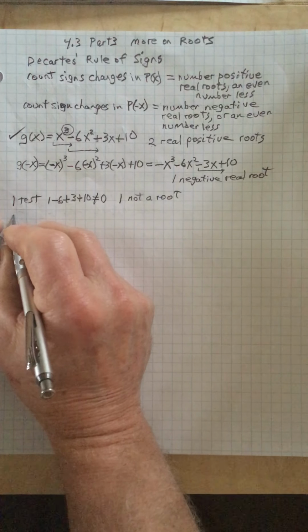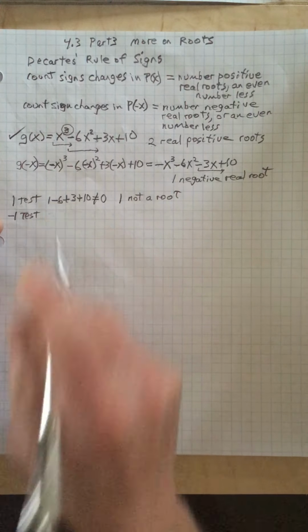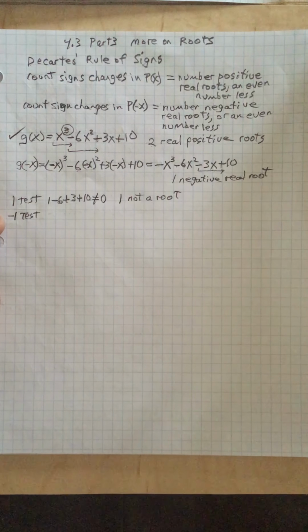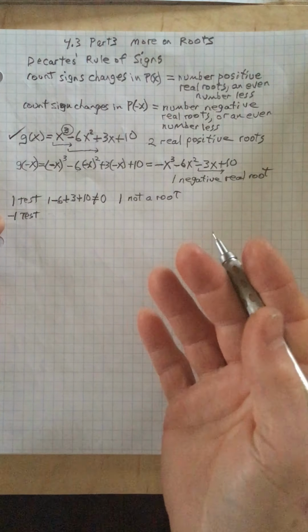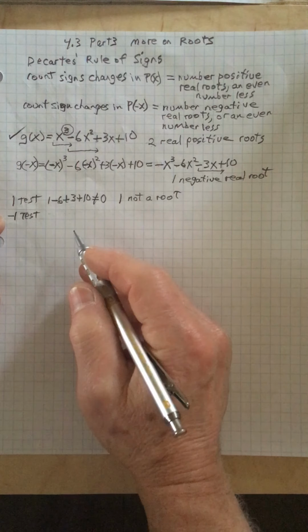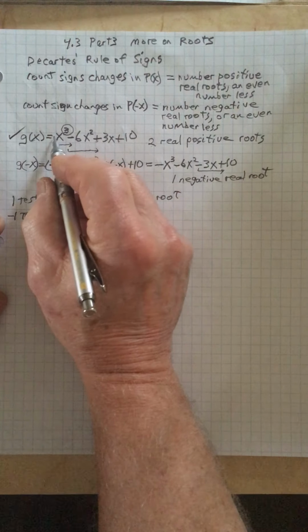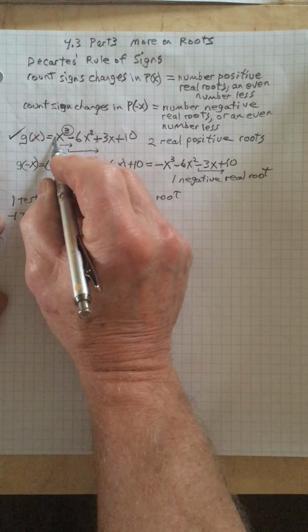Let's try the minus 1 test. Okay, if you remember on the minus 1 test, you're going to change the sign of any term with an odd degree. So instead of a 1, that's an odd degree, I'm going to use a -1.